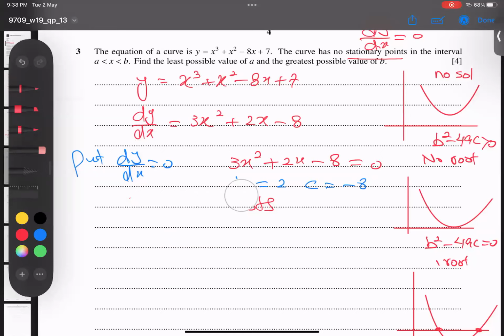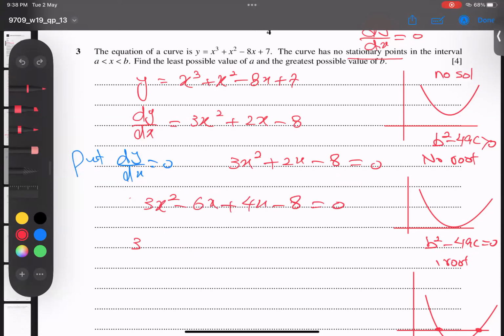So I will solve it by factorization. Okay, so let's factorize first. According to the situation, 8 3s are 24, and 6 4s are 24. I want to find those x values in which roots are not lying.